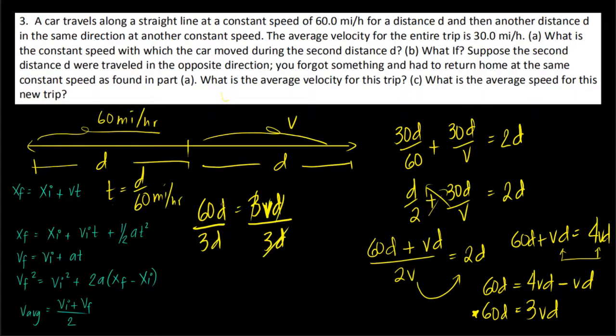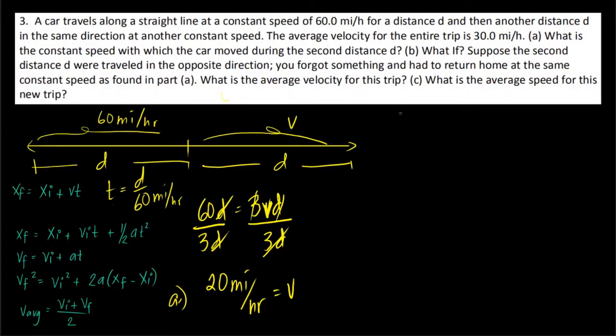And then, d also cancels out. 60 divided by 3 is 20. And our unit is miles per hour. This is v. So, the answer for letter A, the constant speed at which the car moved during the second distance d, is actually 20 miles per hour.